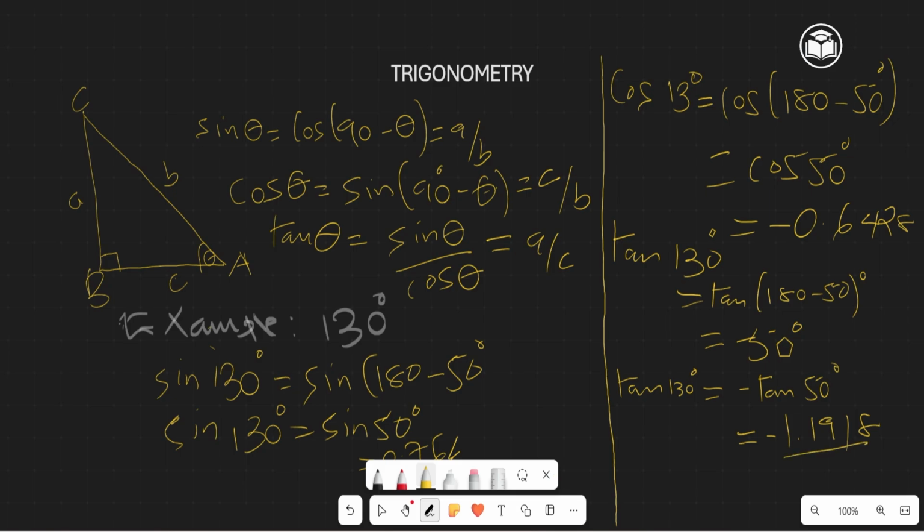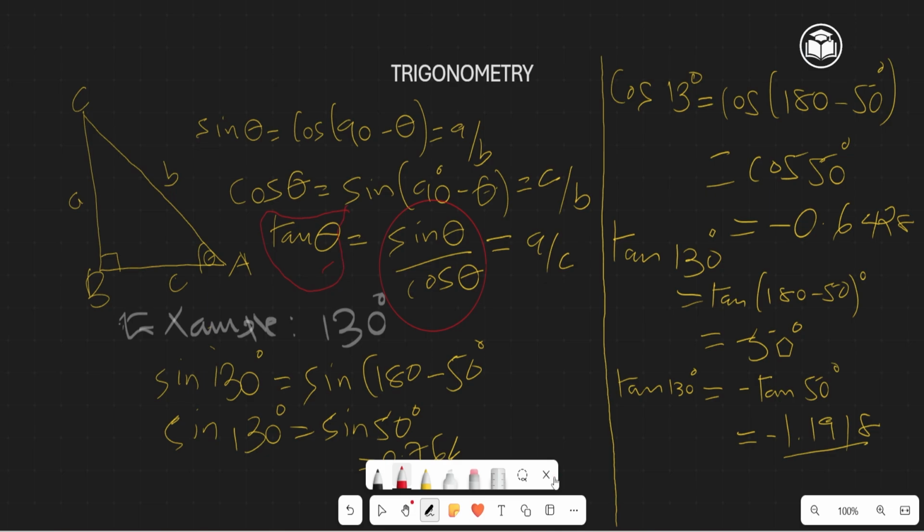Alternatively, remember tan theta is the same as sine theta over cos theta.